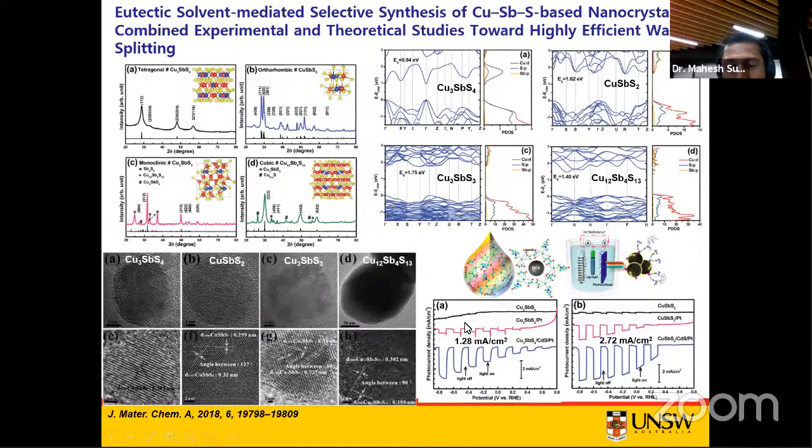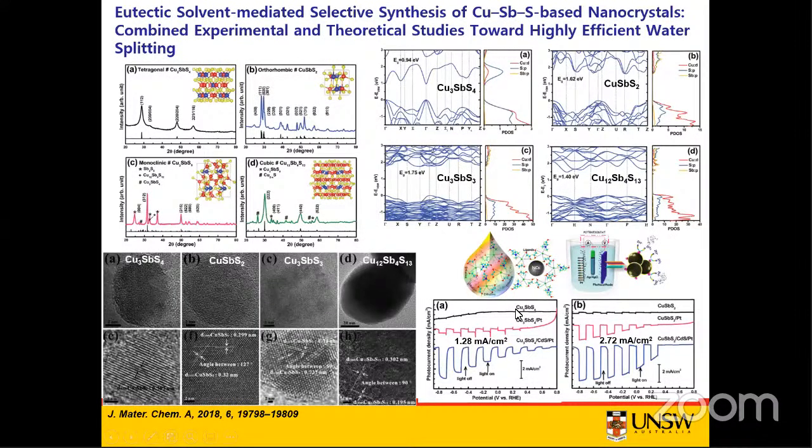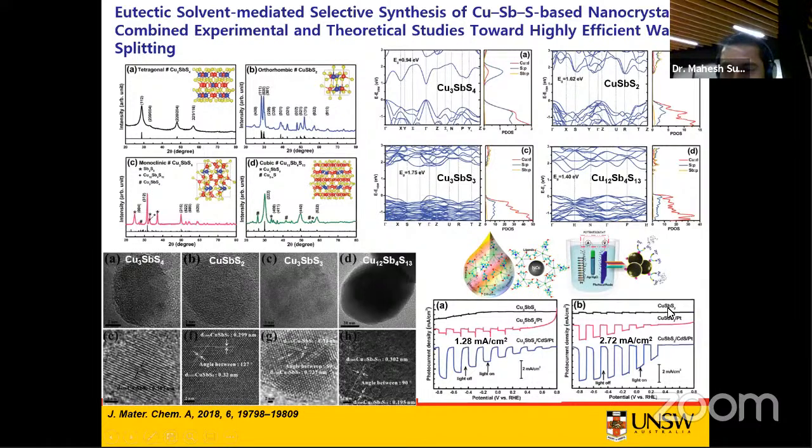You can see the bare Cu3SbS4 and the bare CuSbS2 usually showed very low photocurrent density, because these are just p-type compounds and there is no n-type junction with these compounds. It means there is a lower probability of charge carrier extraction from this p-type compound, which eventually led to a low photocurrent density in both of these photocathodes.